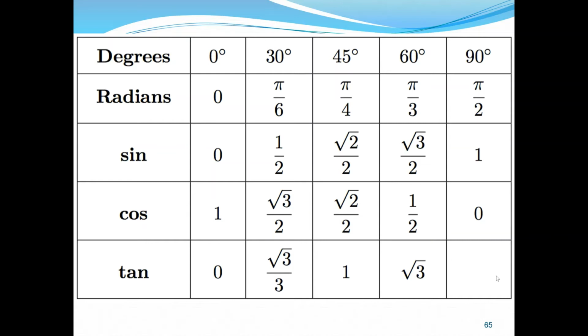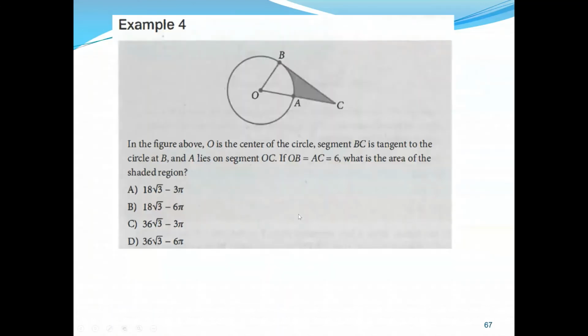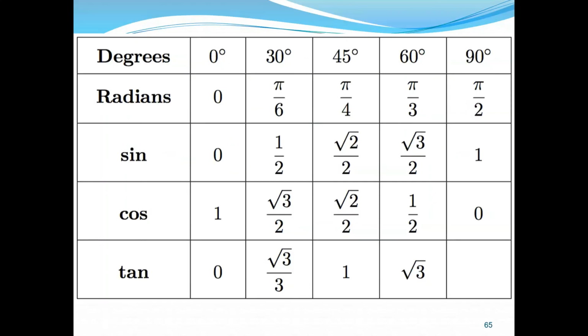We want to calculate the ratio of the opposite over adjacent. It is undefined. I want you to think about it. So that concludes my discussion about trigonometry. Pretty much.